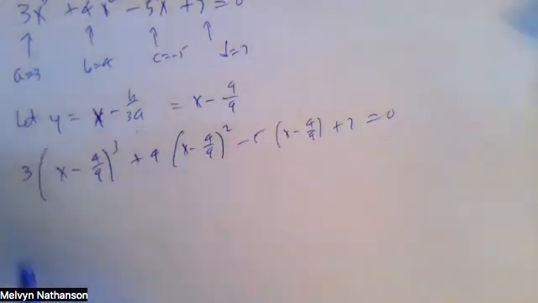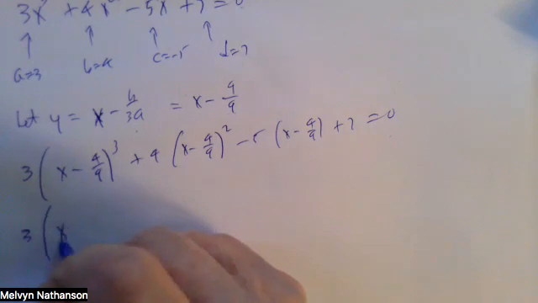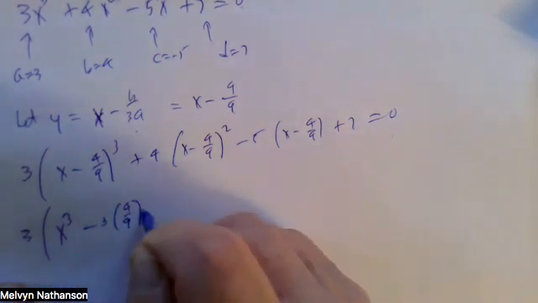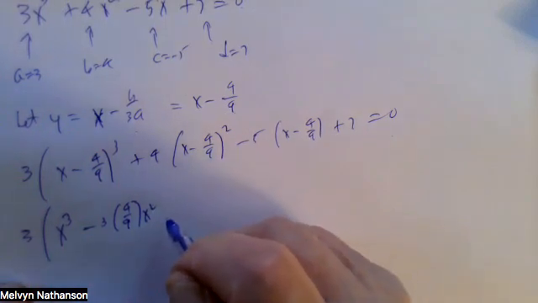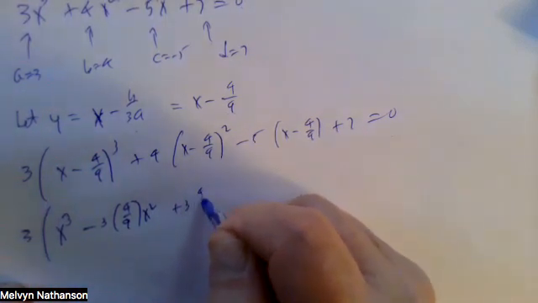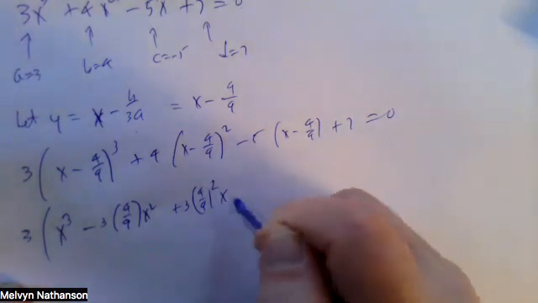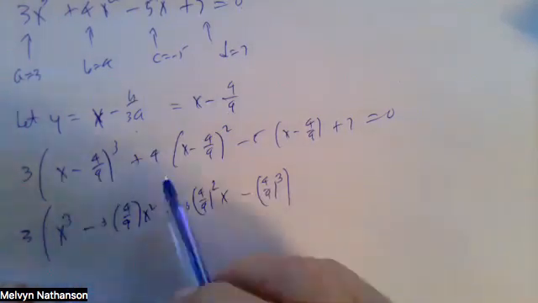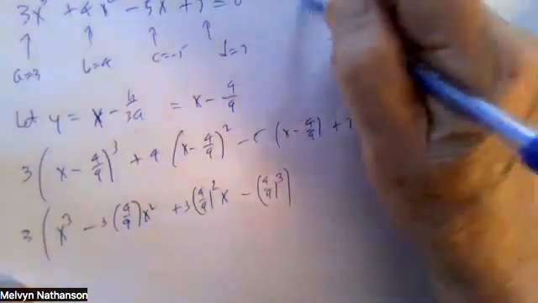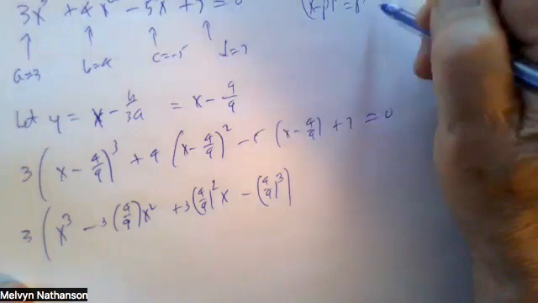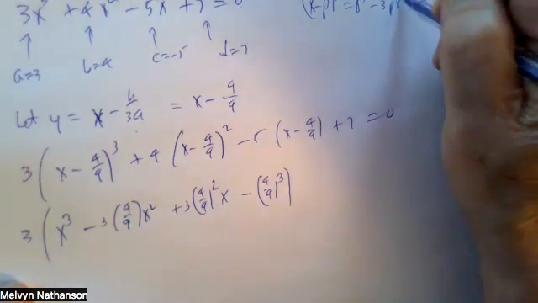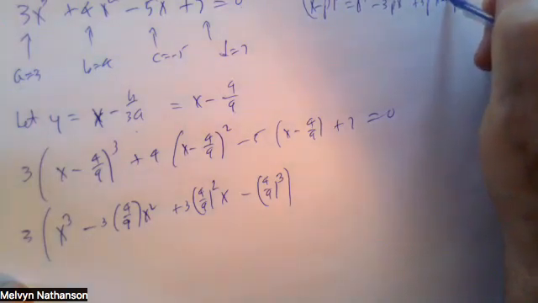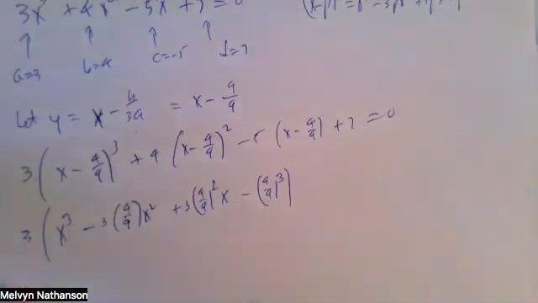Let me expand this. What is this? This is x cubed minus 3 times 4/9 x squared plus 3 times 4/9 squared x minus 4/9 cubed, right? You have to know how to expand. You know, x minus p cubed is x cubed minus 3px squared plus 3p squared x minus p cubed, right?